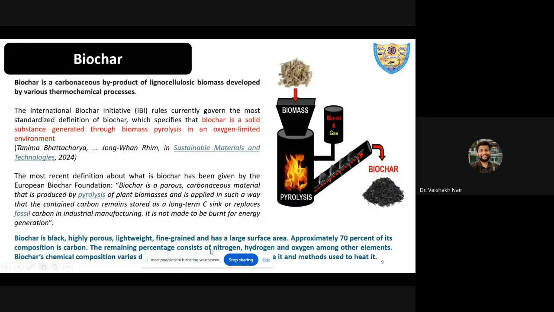But in general, we can say that biochar is black, highly porous, lightweight, fine-grained, and has a large surface area. Approximately 70% of its composition is carbon. The remaining percentage consists of nitrogen, hydrogen, oxygen, along with other elements. Biochar chemical composition varies depending on the feedstock used to make it and the method used to heat it.